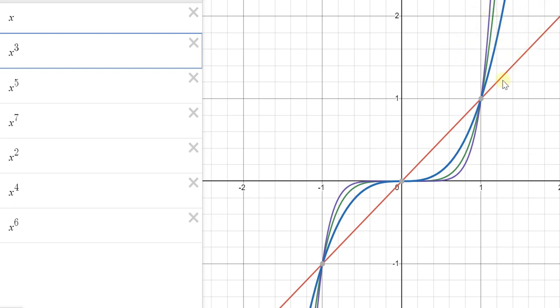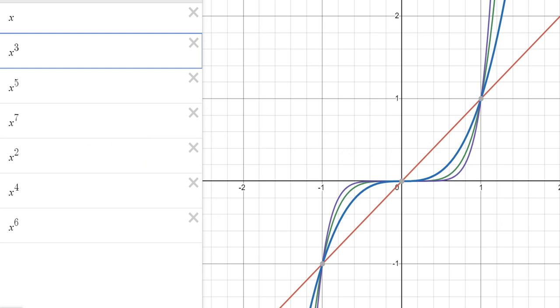And all of them on the negative side, as they get smaller and smaller, tend to go to negative infinity. That's what we call the end or extreme behavior of the function. So there we've really hashed out the power function x to the n, where n, the exponent, is odd.